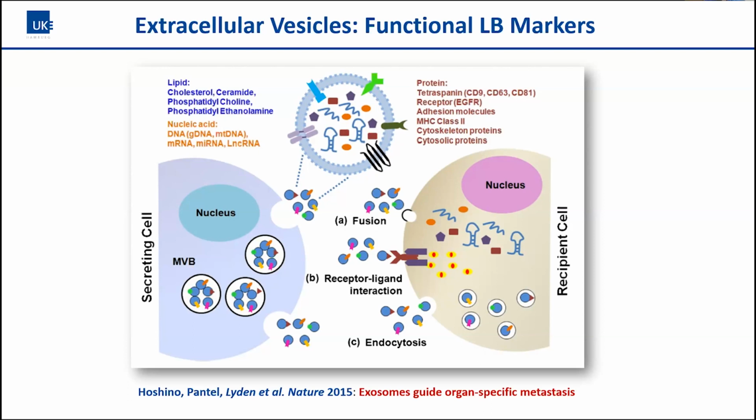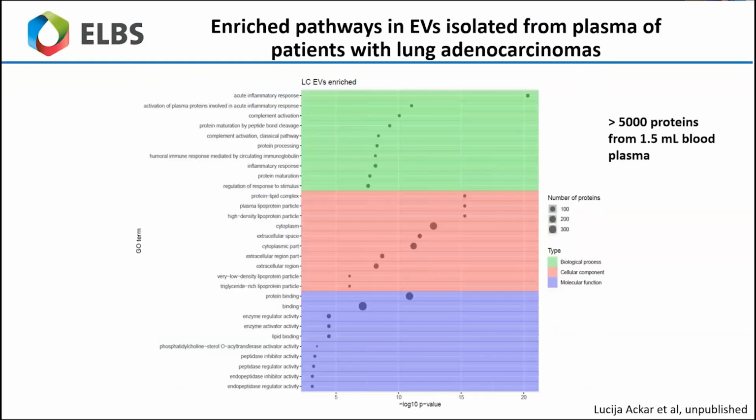They are taken up by recipient cells, and they can change the biology of the recipient cells. And we have shown, for example, together with David Lyden years ago, that the integrin content of exosomes can guide organ-specific metastasis by building organ-specific niches for metastatic cells. So this is, I think, an interesting new component.